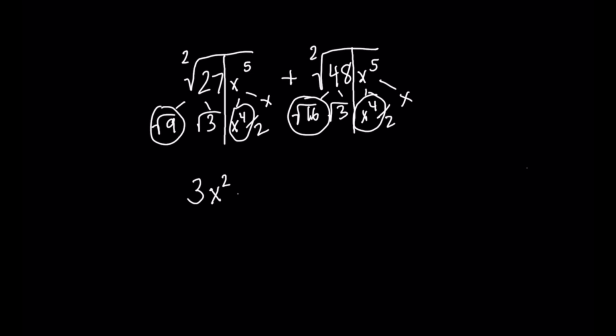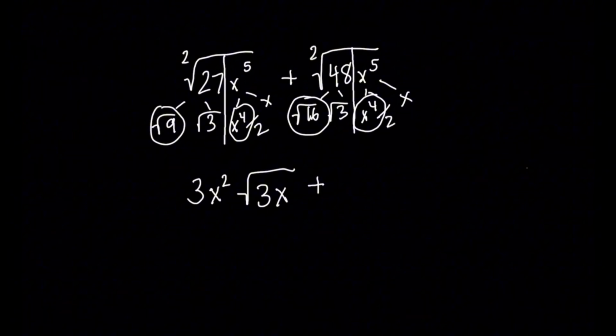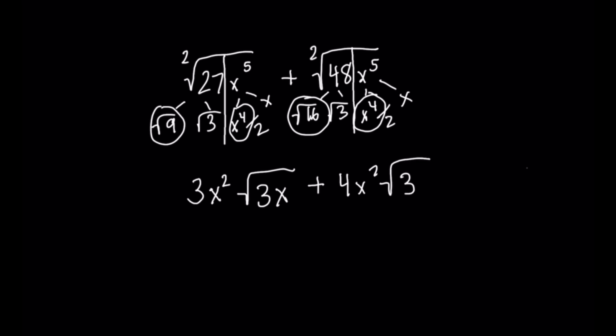Then on the inside of the radical is 3, and then the remainder of the variable. And this side would be 4x squared, basically the same thing, times the square root of 3x. At the end we do combine the variable with the number, but when we do the math, I like to split it up to make it look neater when I show my work.